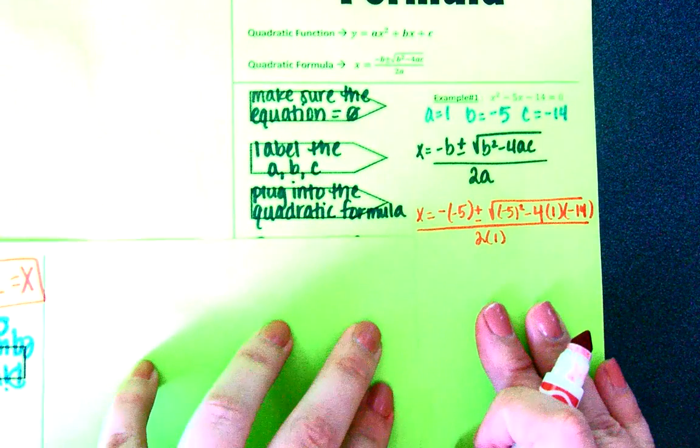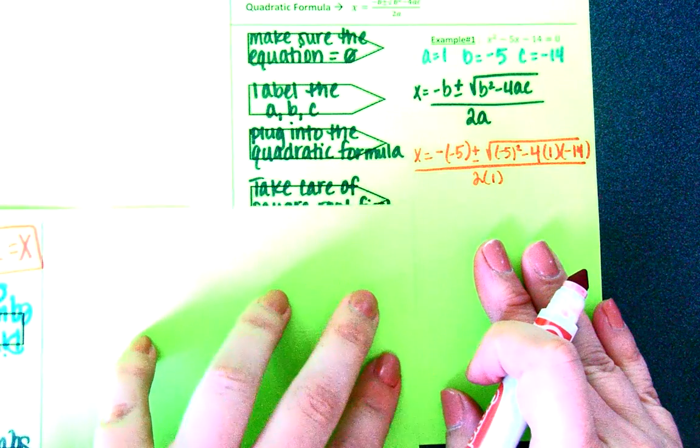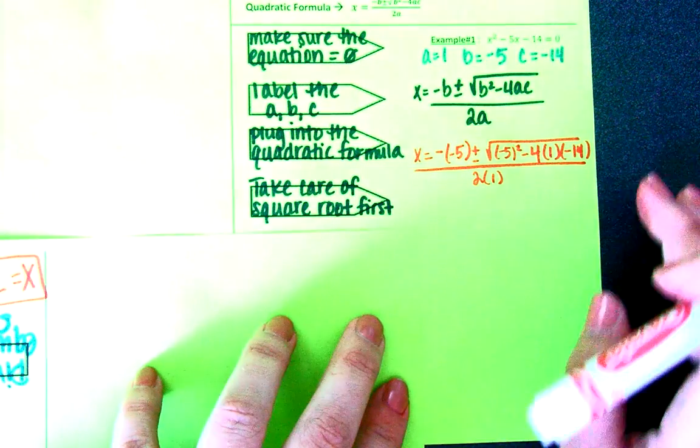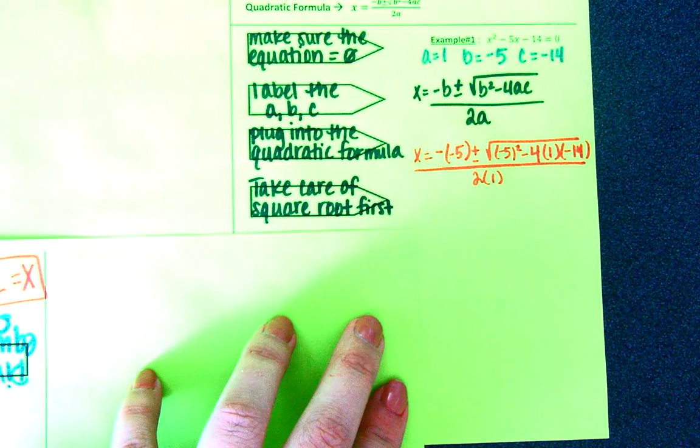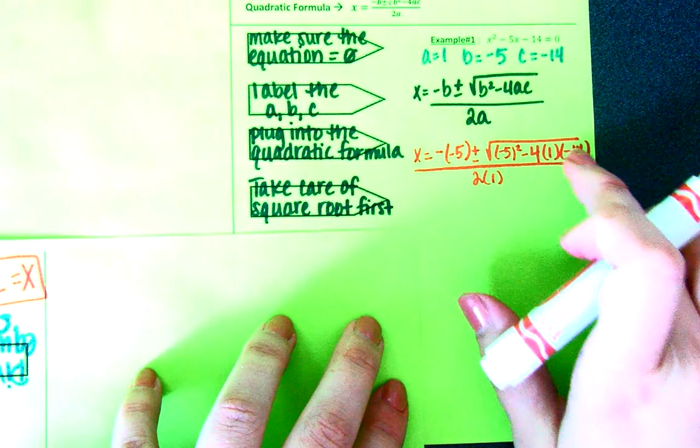So that's it all plugged in right there. Then you will take a calculator and you take care of what's underneath the square root first.